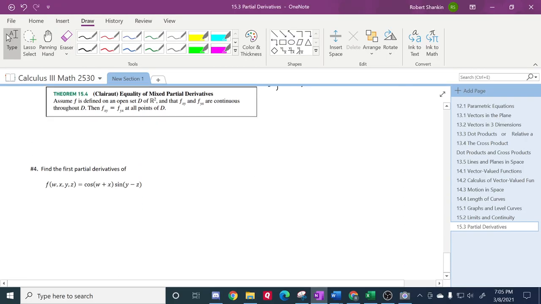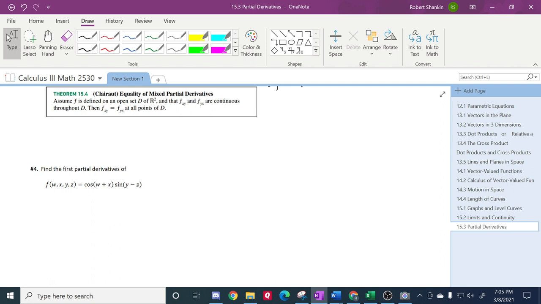All right, let's take one that's more complicated. This is actually in 5 space. There are 4 input variables, and then the 5th variable is the output of this.